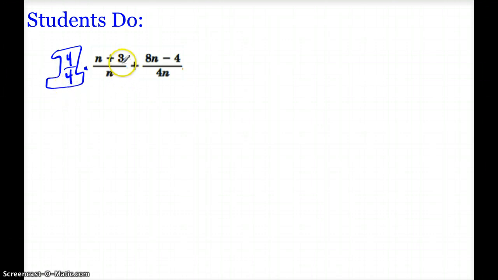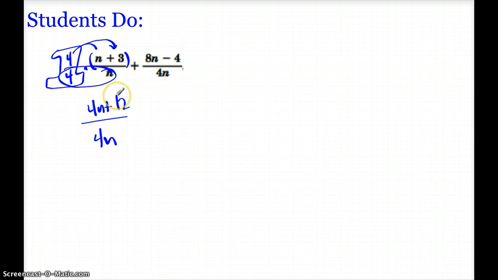Now the reason why this is a little bit more difficult is I had to distribute across the top. Denominators, these two become 4n, which matches this one. And the top, 4 times n is 4n plus 12, and this side here stays the same. I only need to change one item. Now we can add like we did in the last class.